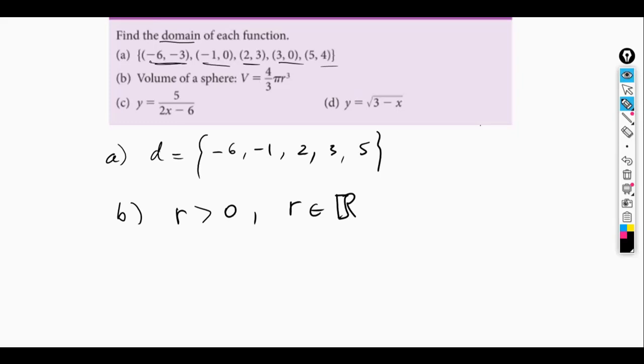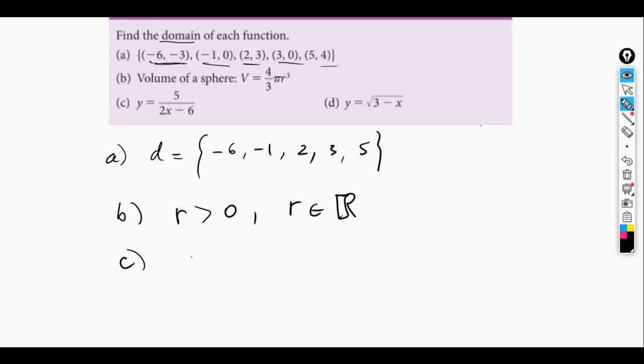For C, we have more of a classical function. It says that y is equal to 5 divided by 2x minus 6. So what we have to determine here is what are all the possible values that we can use for x. Now the only restriction here, because this is a fraction, is that we cannot divide by 0.